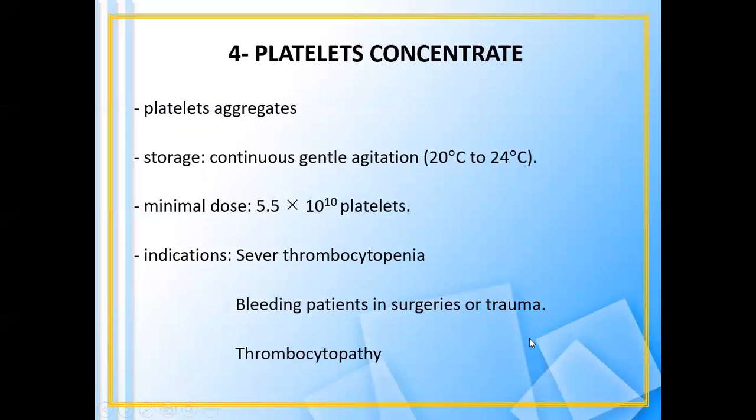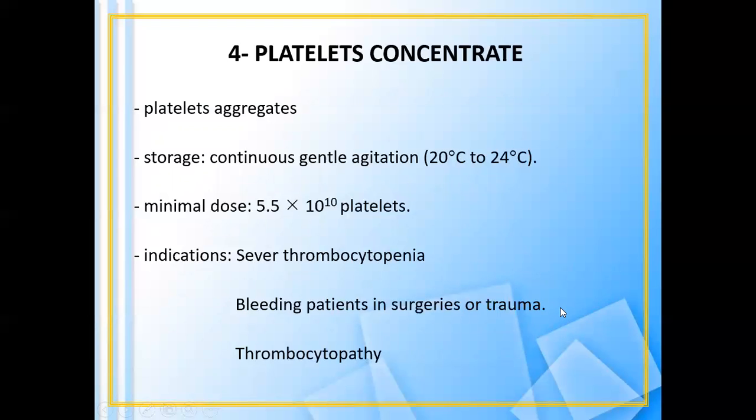The platelets can be used as a concentrate when we have platelet aggregates. So the platelets in general aggregate when we separate them, but we have to keep them and store them continuously with gentle agitation.